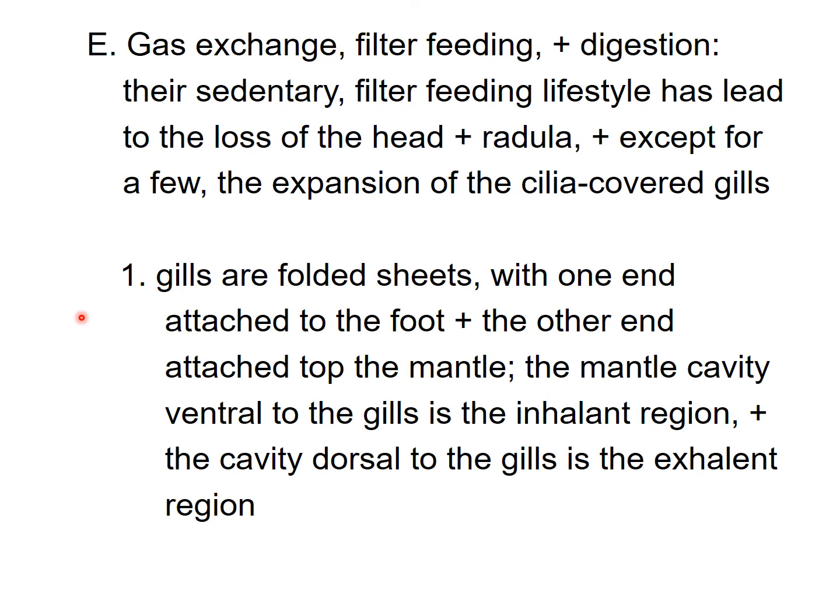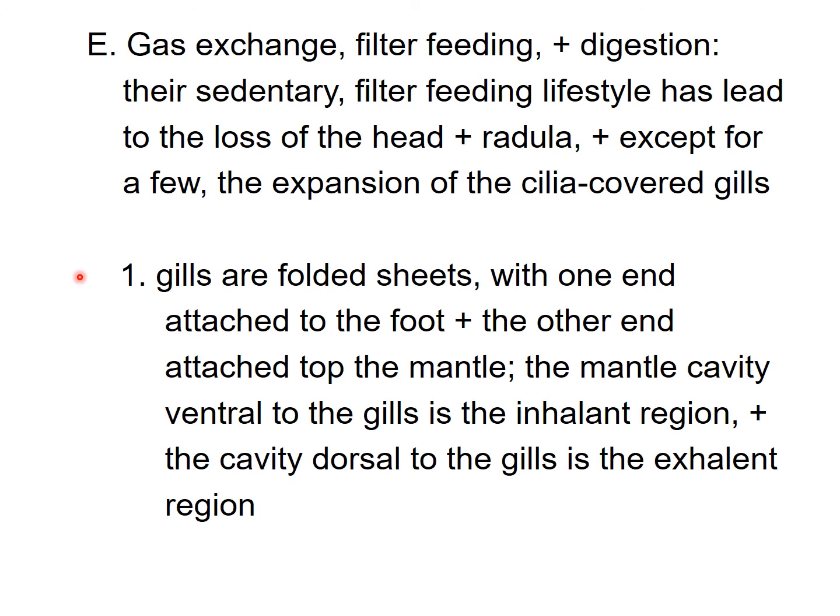And when we actually look at the gills, in the previous slide, we saw the foot sticking out between the two valves at the anterior end. And inside the shell, the gills look like little leaves, two pairs on either side of the foot.